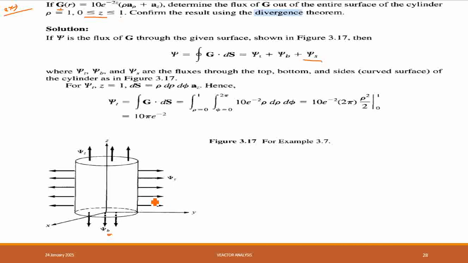So it is the sum of all fluxes, psi t, psi b, and psi s. For psi t, z is given as 1, and what is the dS for this? dS will be rho d rho d phi. So I will put it here for psi t, and I can get the final value of psi t.